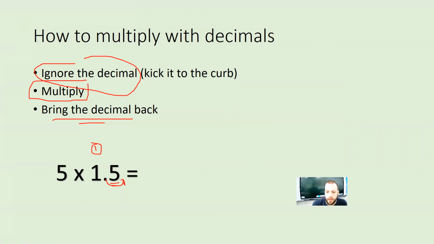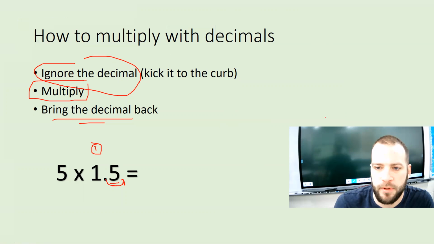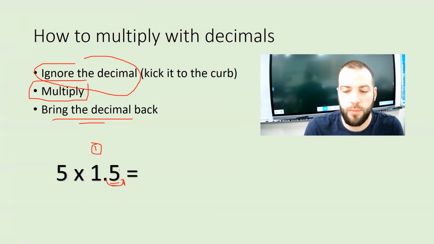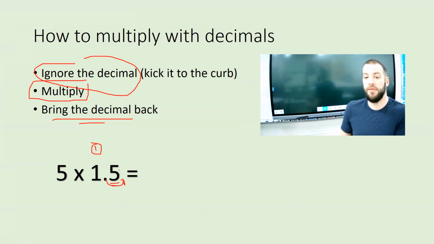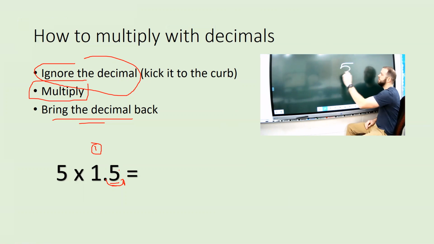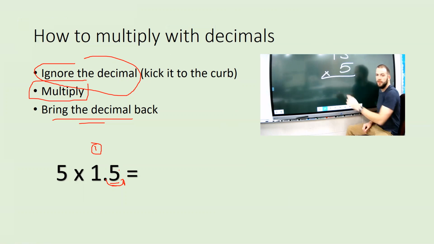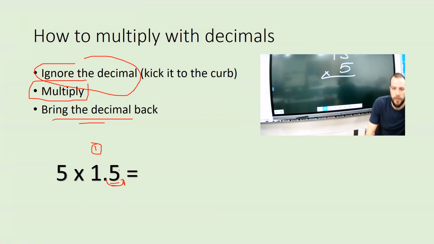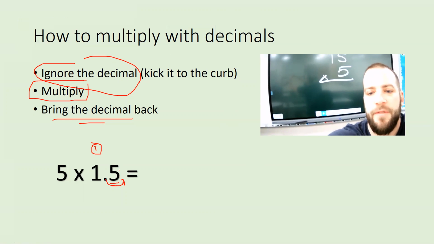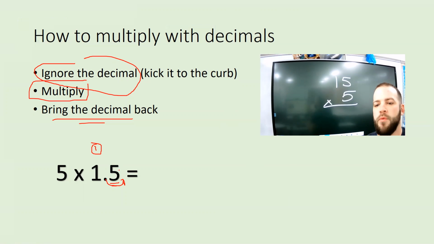Now, let me make my face a little bit larger. Now I multiply my normal 5 times 15. You can go traditional on this one because traditional gets difficult when there's more than one digit on the bottom. So 5 times 5 is 25.